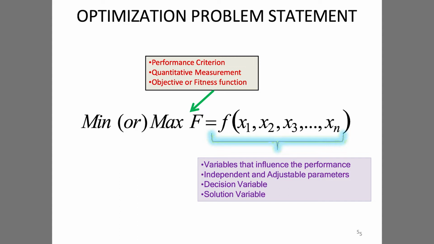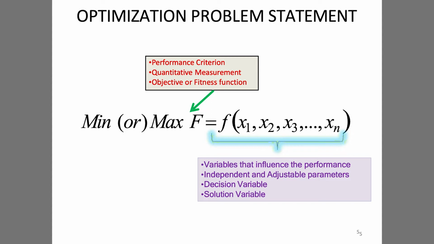So, minimize or maximize F is equal to small f of x1 to xn. What is this small f? This small f is nothing but a function over a collection of variables. What are those variables called? These variables are called decision variables. And what is this capital F called? This capital F is called the objective function or fitness function.